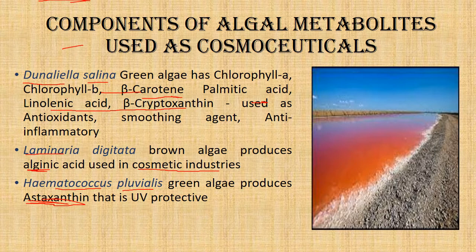And nowadays, in various recent researches, it has been found that Laminaria has secondary metabolites, especially alginic acid. This is used mostly in the cosmetic industries. And this is all about Laminaria digitata.